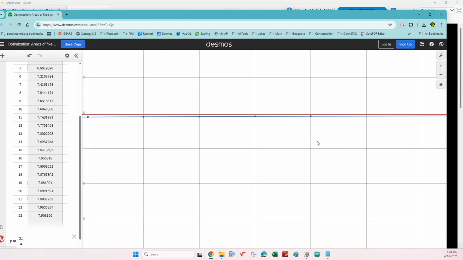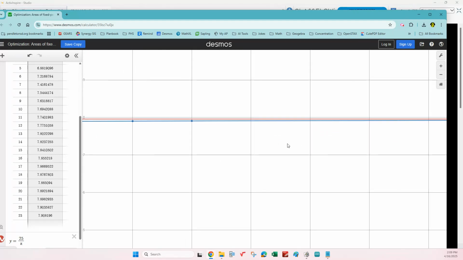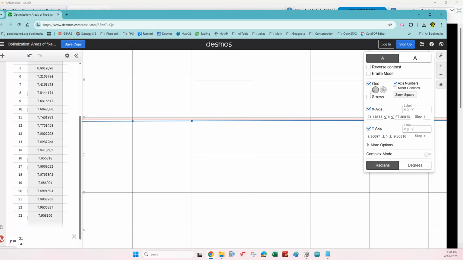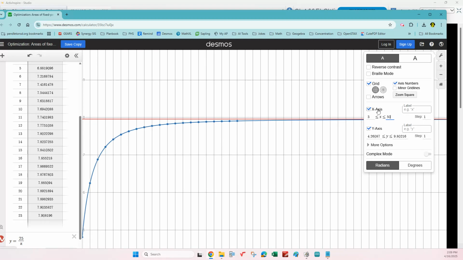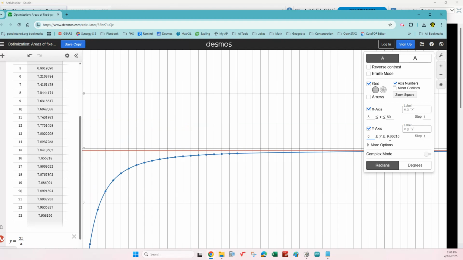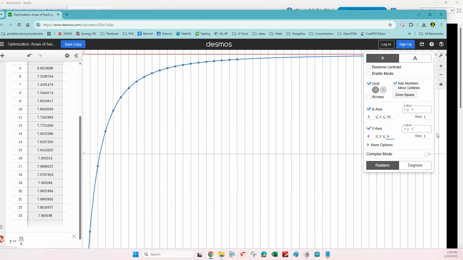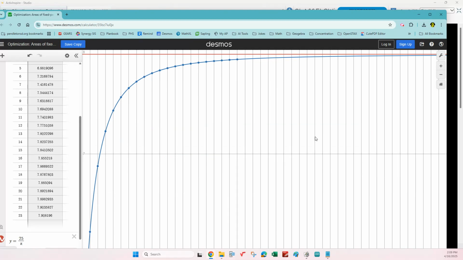If we zoom in, we can see that sure enough, we're approaching that asymptote, aren't we? Everybody agree? We're just gradually approaching that asymptote.